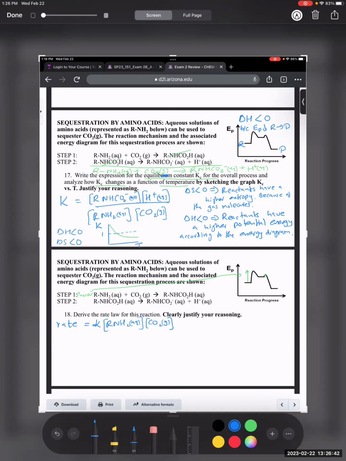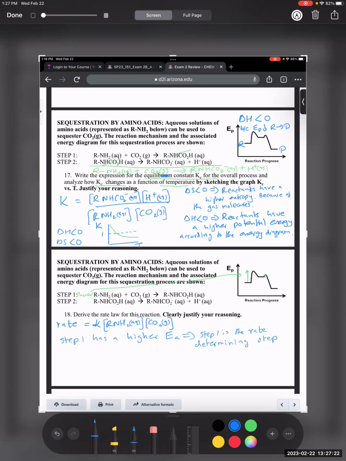Okay, and then to justify our answer, the rate determining step is the first step. Okay, give me a second. So we can write step 1 has a higher activation energy. Therefore, step 1 is the rate determining step.